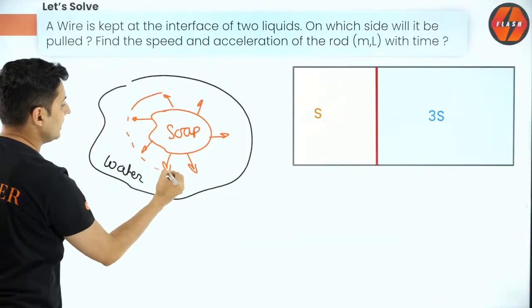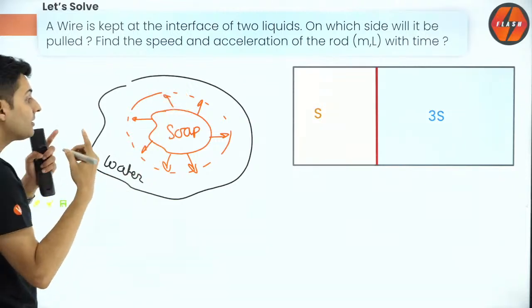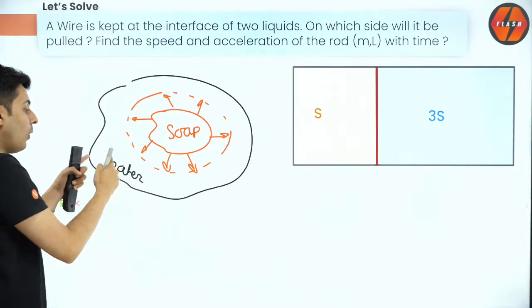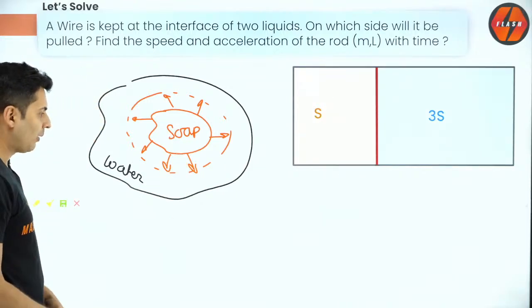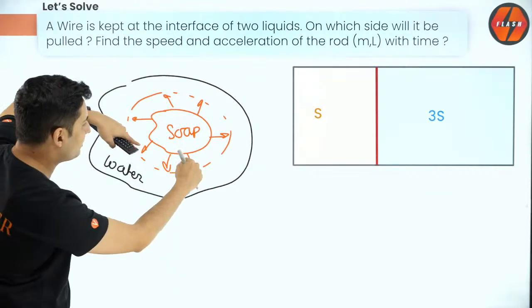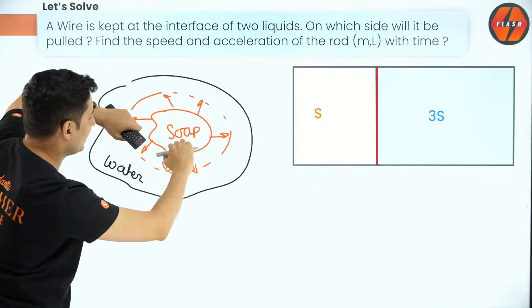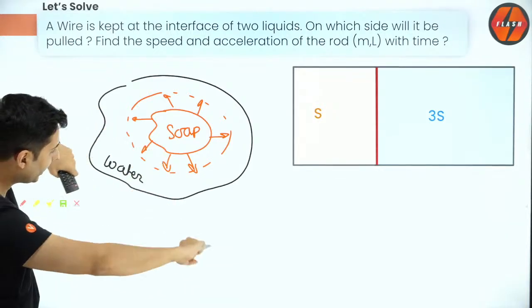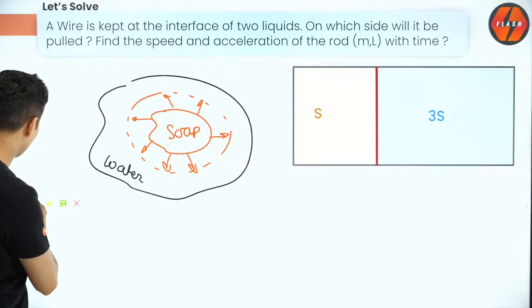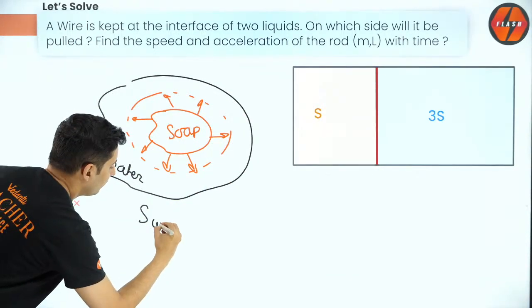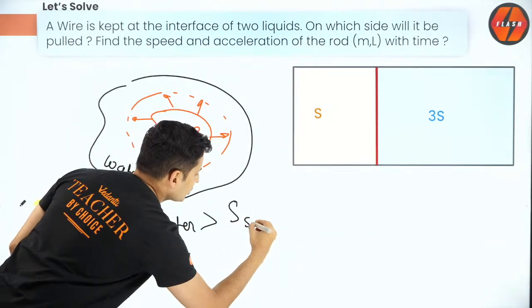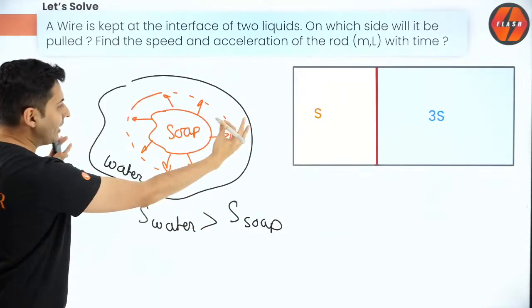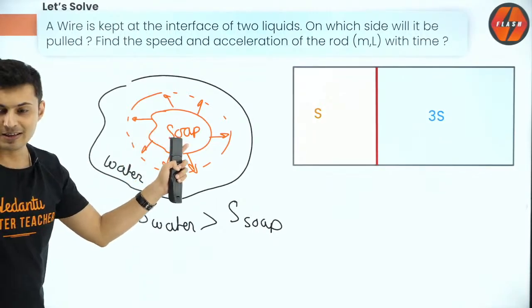Reason for that is because water has more surface tension than soap. This boundary is being pulled by water. So the surface tension of water is more than surface tension of soap. So soap will expand. I hope this is clear.